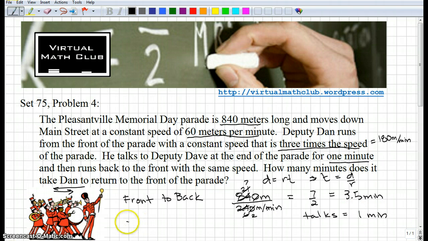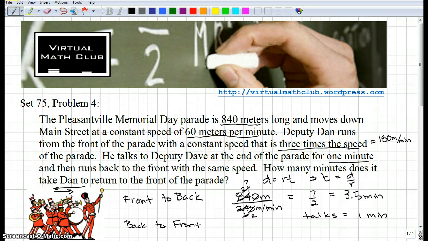Okay, and then he goes back to front. Now he's moving the same direction as the parade, so it's going to look like the parade's going slower than it would otherwise. So Dan's speed relative to the ground is 180 meters per minute, but the parade is now going the same direction as him.